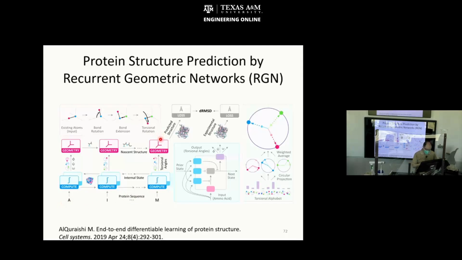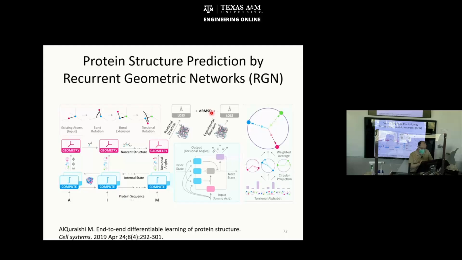And then you can remember, this is not your end goal, right? Your end goal is the resulting structure, the resulting 3D structure, right? So to put this into an end-to-end fashion, your loss function has to be exactly what you care about. That is, starting from this, these predicted geometries, you can think of them as intermediate outputs. They're eventually going to be used to assemble into a 3D structure and calculate the distance RMSD, root mean squared deviation.